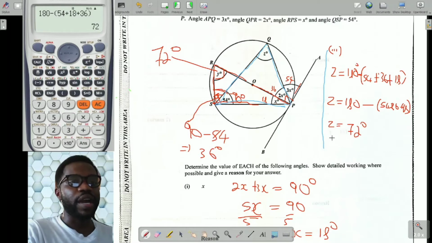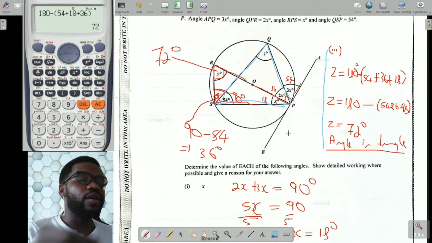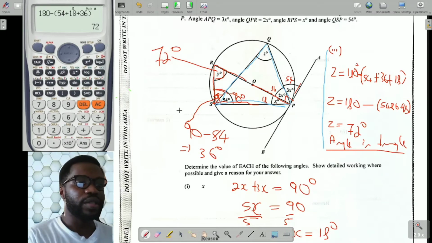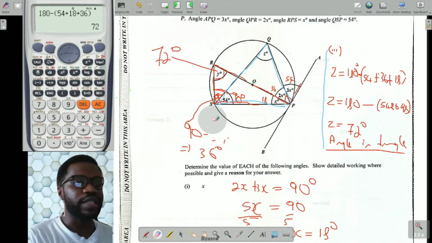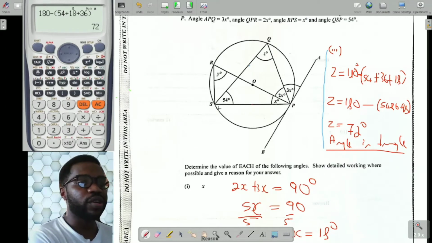Now, if I'm doing it this way, I would say angles in a triangle add up to 180. However, we can also use circle theorem. Let me just clean it up so you can see it properly. If I'm going to use circle theorem, we have angles subtended by the same arc, or angles standing on the same arc.